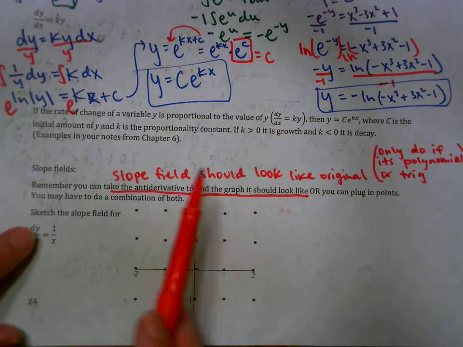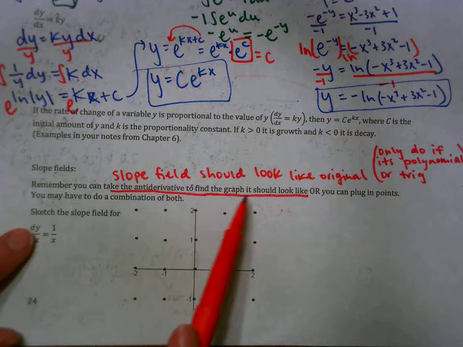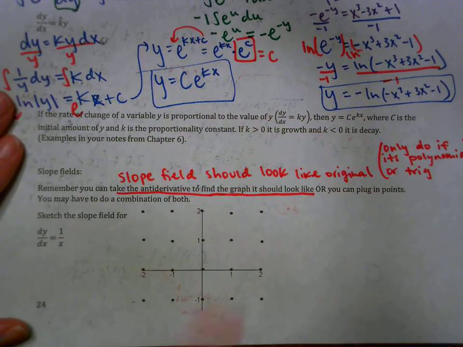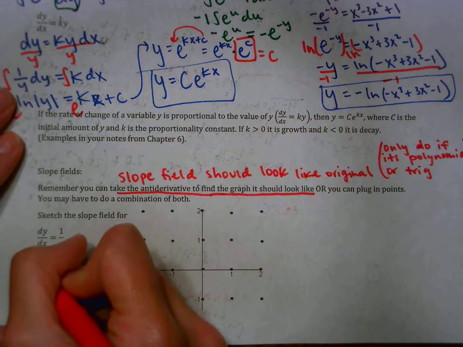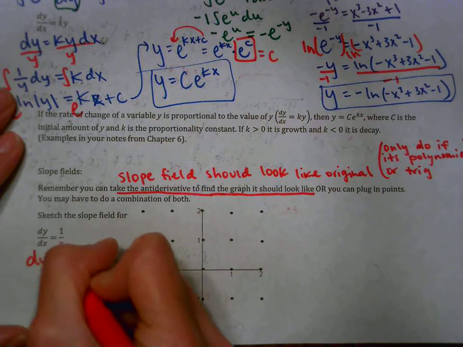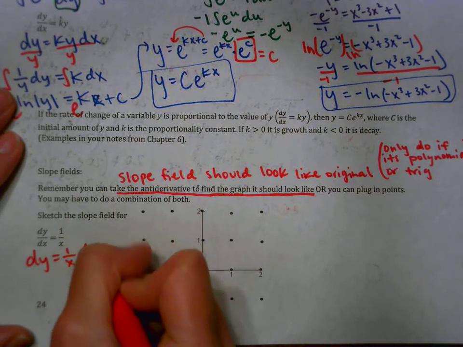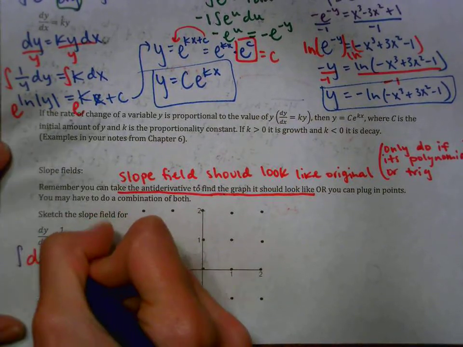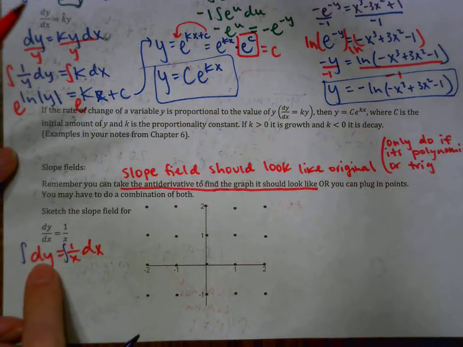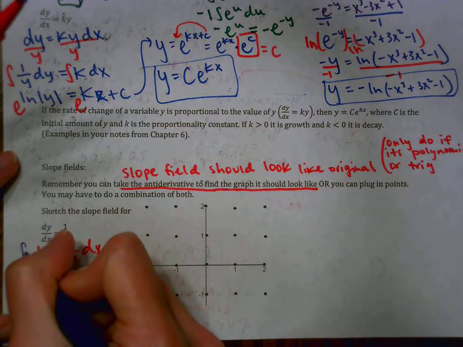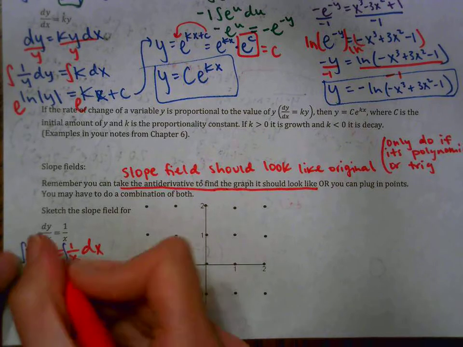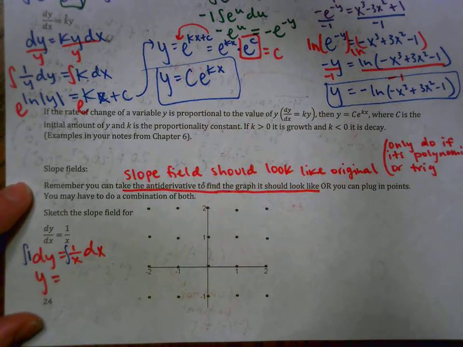So if we try this first thing to get the antiderivative to know what it should look like, well, what's the antiderivative of 1 over x? And you can use separation of variables if you want, because it would be dy equals 1 over x dx, and then we integrate. So when you just integrate dy, if it helps you, you can think about it as a 1 inside there, whose integral is just 1, that would just be y.